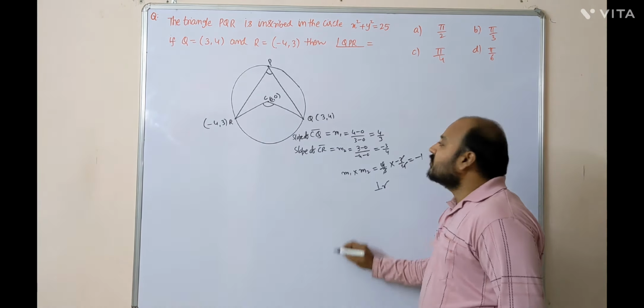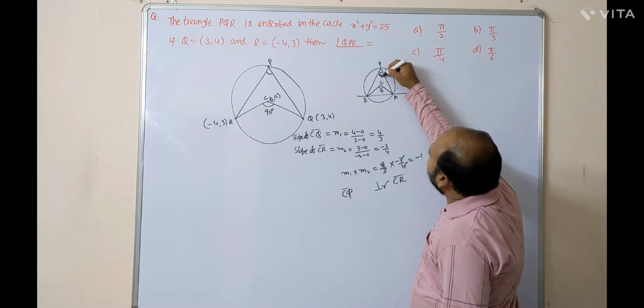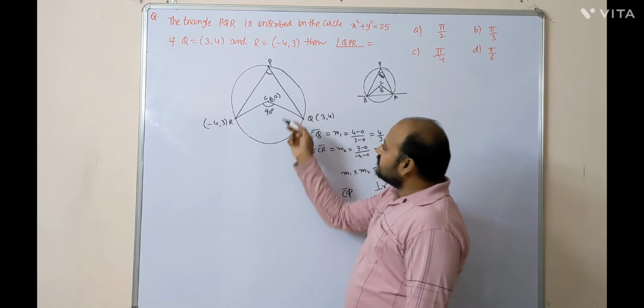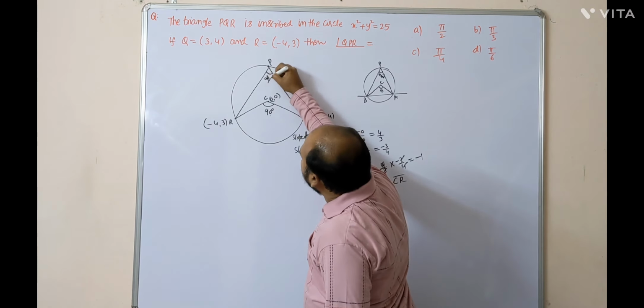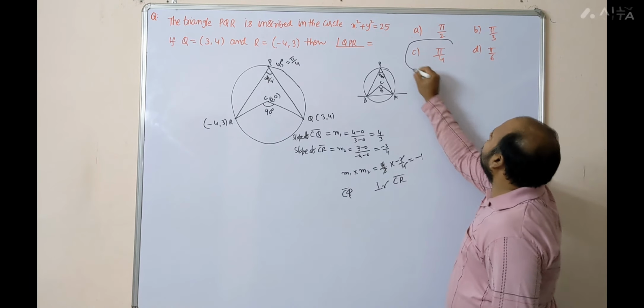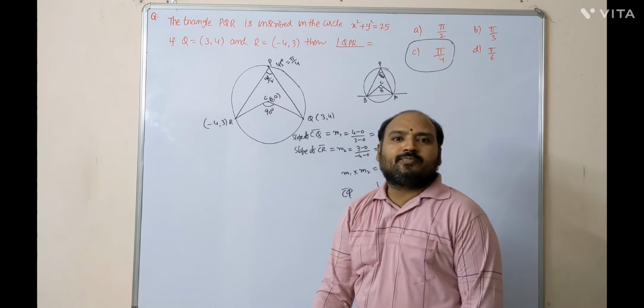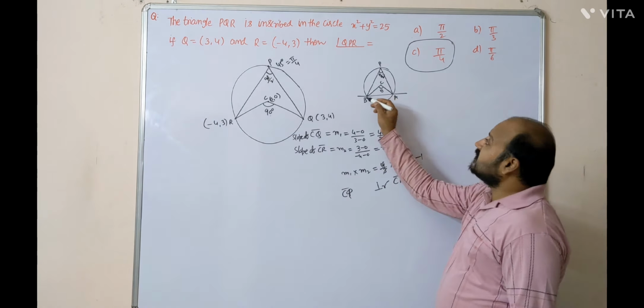Then the angle at the major sector is half of the angle, theta by 2. So here also, here 90 degrees means here 90 by 2, means what? 45 degrees. So 45 degrees means pi by 4 only, no? That's the answer, pi by 4. We got it.